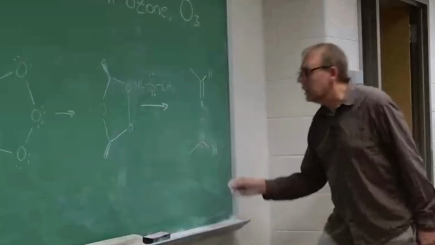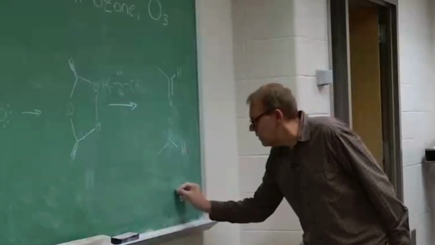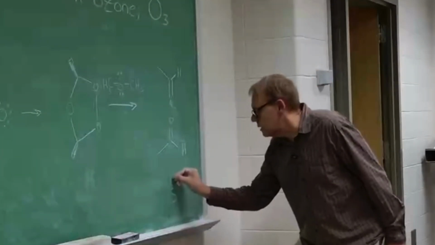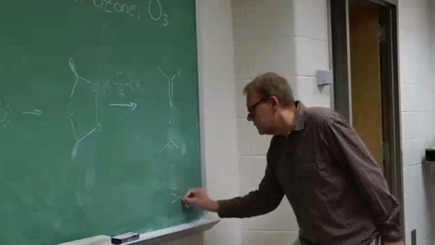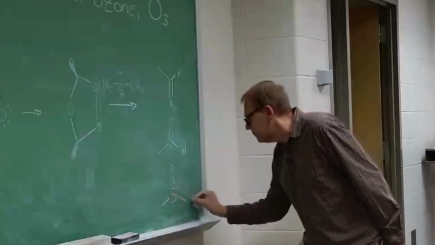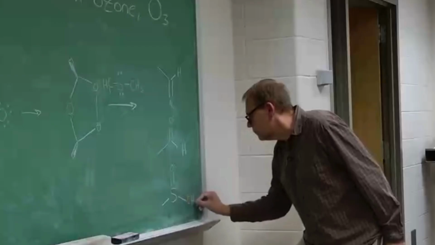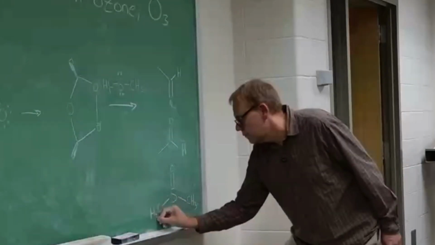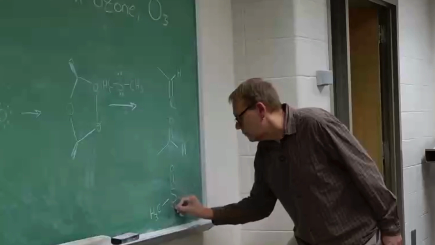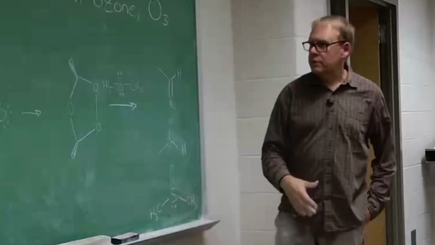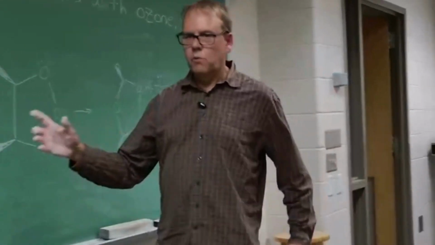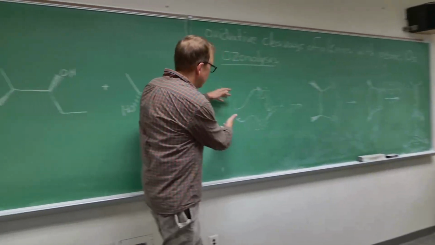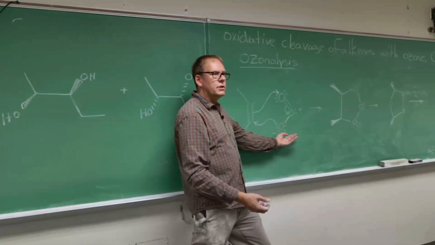And then you also get a molecule of the dimethyl sulfide. The fate of the dimethyl sulfide is that it becomes a molecule called dimethyl sulfoxide. So if you're doing the stoichiometry and you look at where you started, you've got the 4 carbons and the 3 oxygens.